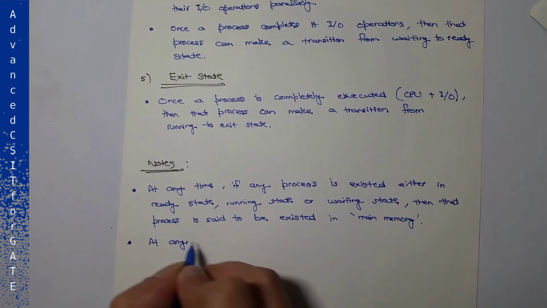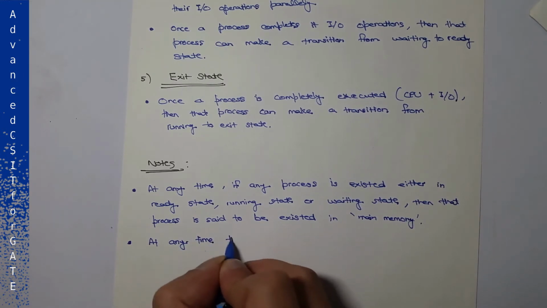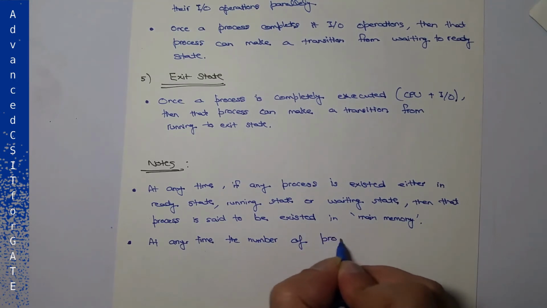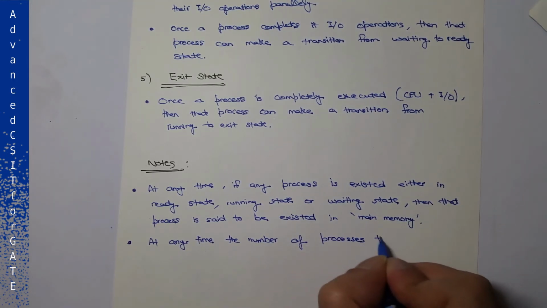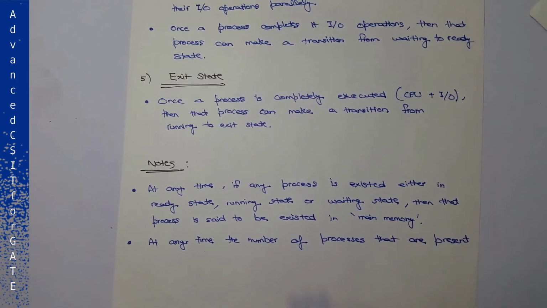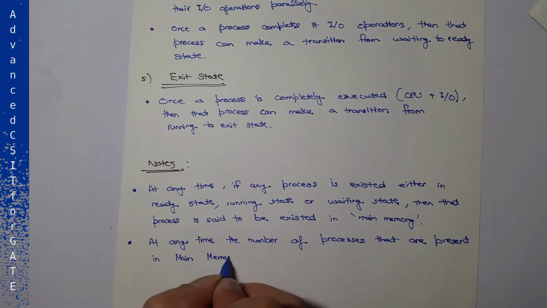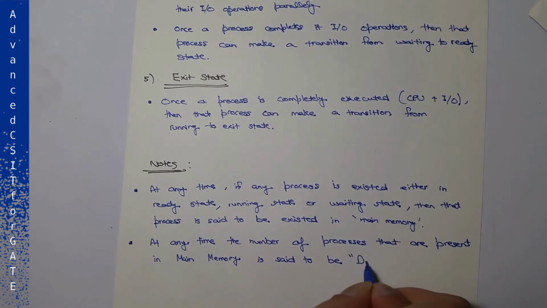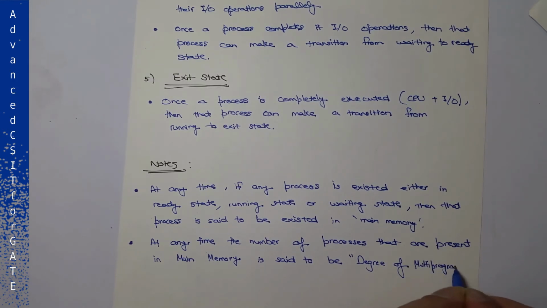At any time, the number of processes that are present in main memory is said to be degree of multiprogramming.